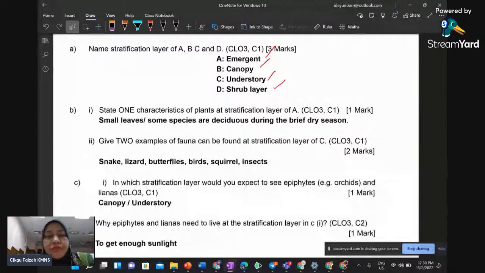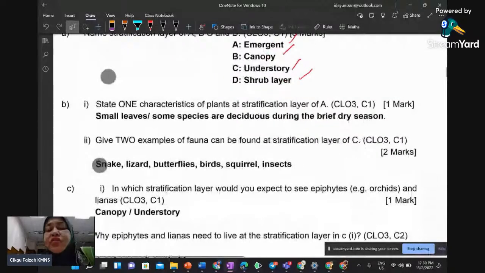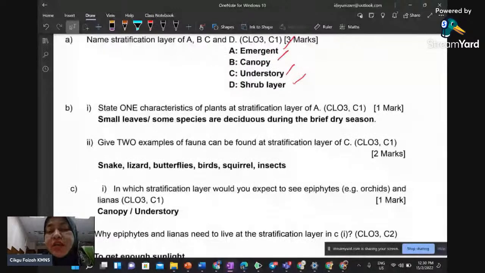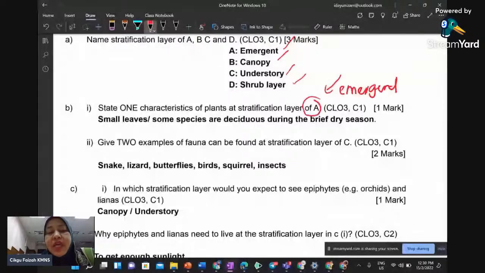Alright, okay. So referring to the emergent layer, which is A. Because this emergent tree, the trees that occupy the emergent stratum, in order to survive are totally exposed to sunlight.